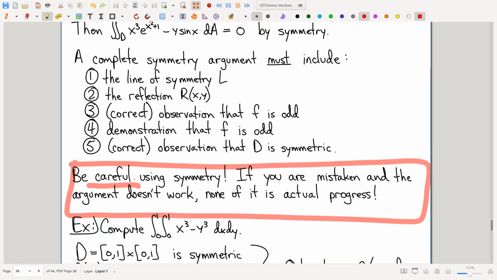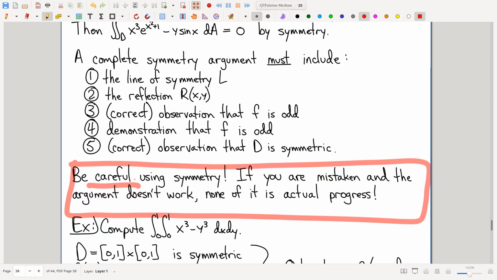Well, if there is no symmetry argument that works over the y-axis, nothing the student has written down is true. Nothing the student has written down is in the direction of a valid solution. I can't give partial credit. There's nothing that's right.